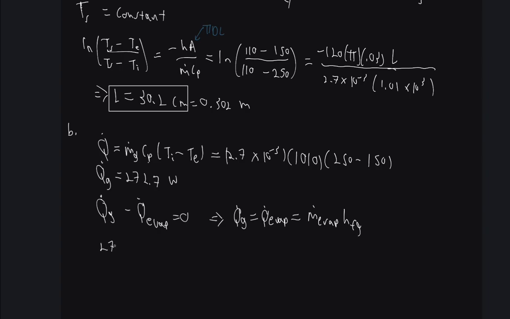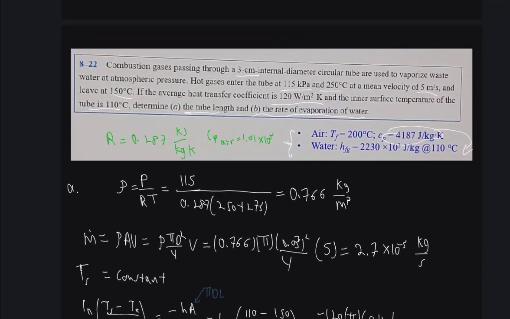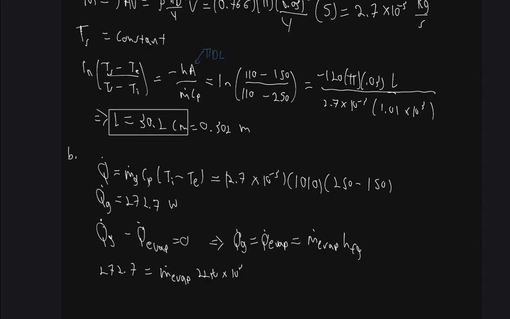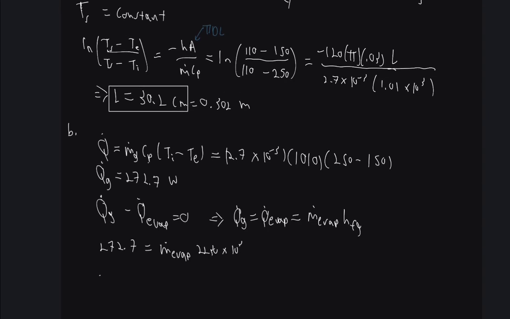So 272.7 is equal to m dot, that's what we're solving for. And then HFG. Hey, we're given that. We're given that for water, and that's exactly what we need. 2230 times 10 to the 3. So we type this in our calculator.